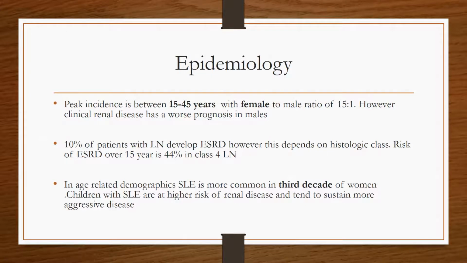Females are more affected, 15 to 1 as compared to male. 10% of patients with lupus develop end stage. However, this depends on histological class. Risk of ESRD over 15 years is 44% in class 4 lupus. It's more common in third decade of women of childbearing age.